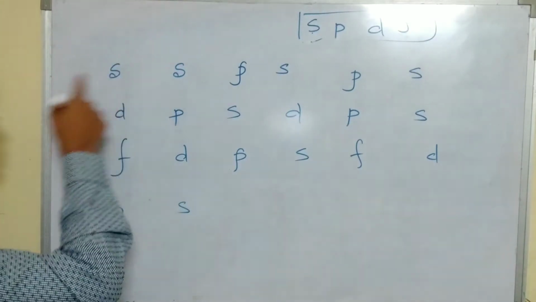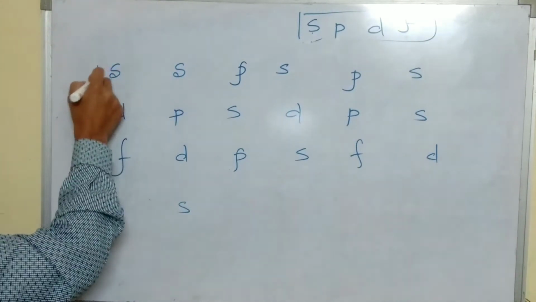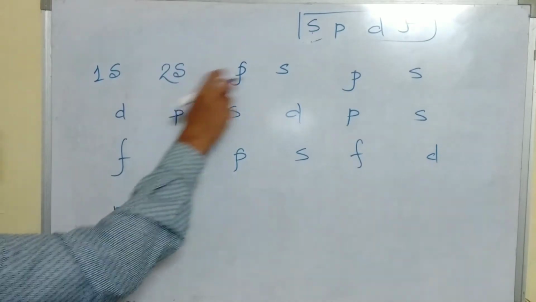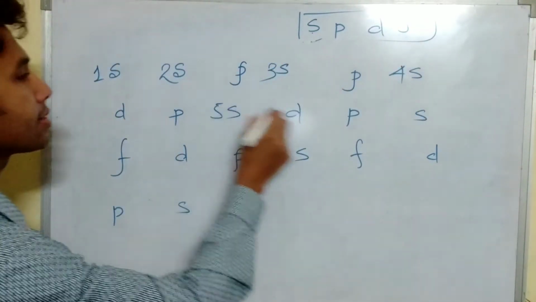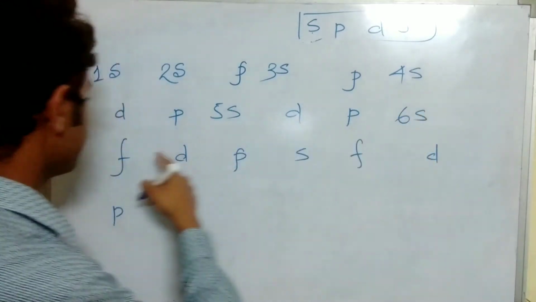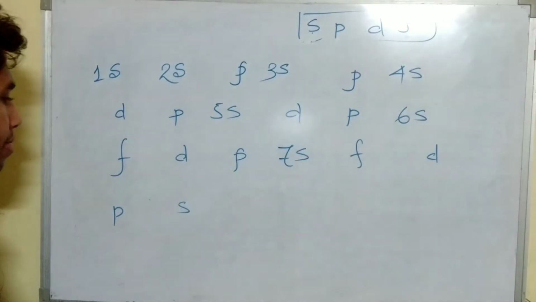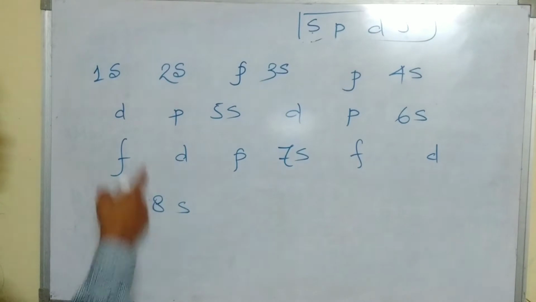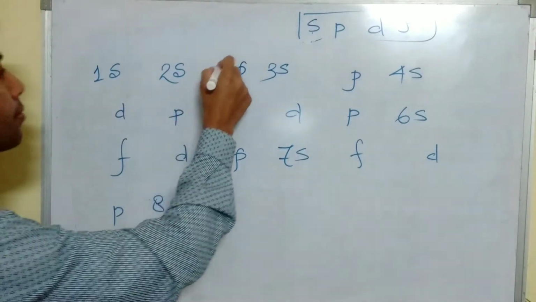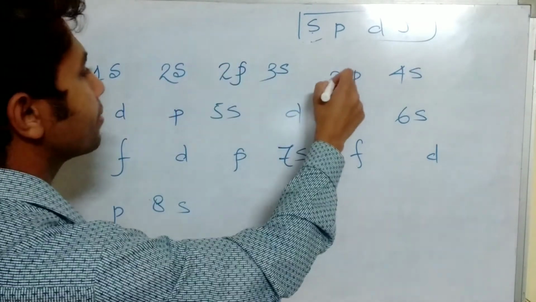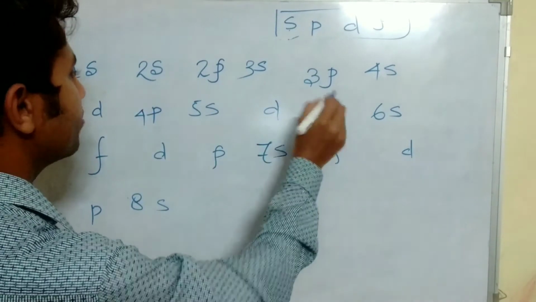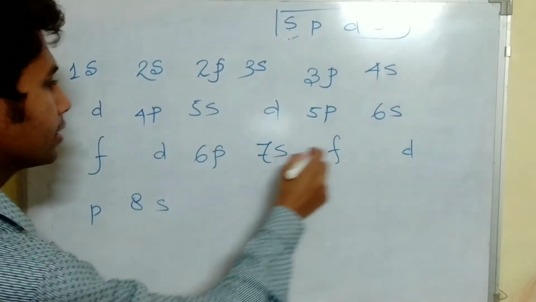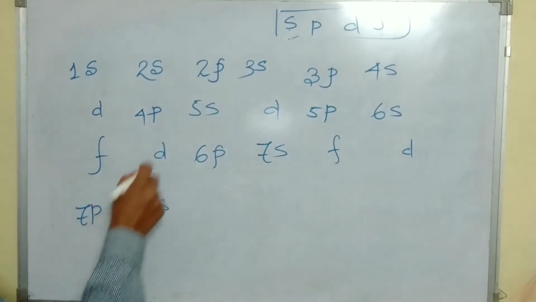Now we start from 1s, so 1s, then 2s, 3s, 4s, 5s, 6s, 7s, then 8s. For p it starts from 2p, so 2p, then 3p, 4p, 5p, 6p, 7p.